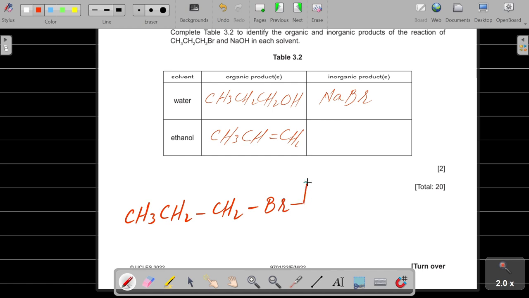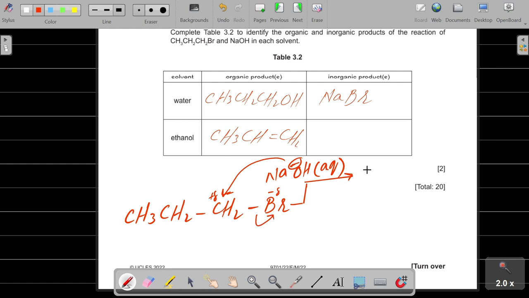If I'm using a base, OH negative, even you can say Na positive, OH negative, in aqueous condition, water is being used as solvent. So this OH negative is a base, it will attack this carbon, which is electrophilic positive carbon, and Br is electrophilic negative. So Br will be removed from here.